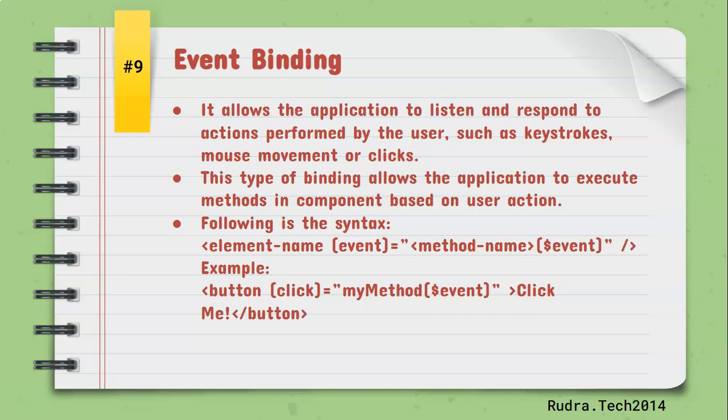In order to respond back to the user, we are using event binding, and this type of binding allows our application to execute methods that are present in the component's class for every user action. So if I click a button, I can respond back, submit that form, or give an alert to the user based on the action he has performed.